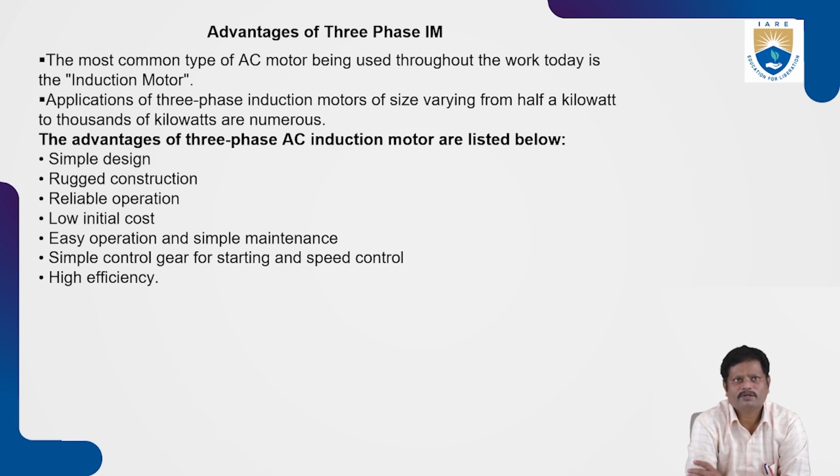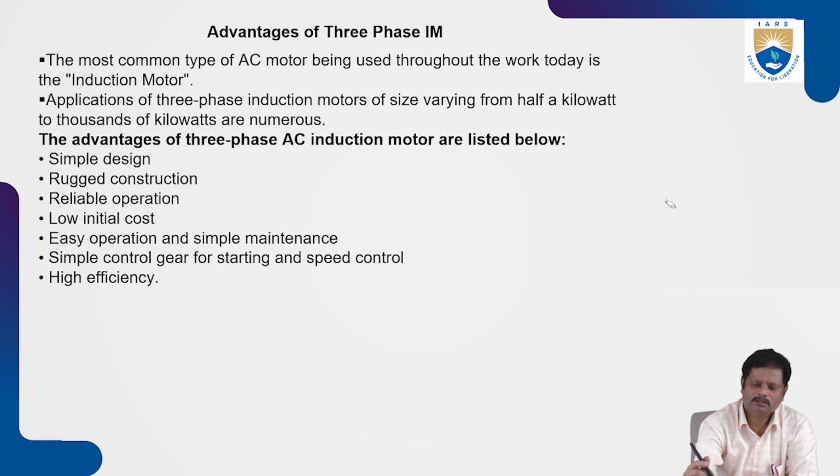Applications of three-phase induction motors vary in size from half kilowatt to thousands of kilowatts. They are also rated in HP: half HP, 1 HP, 1.5 HP, and different ratings are there for single-phase motors also. Ratings up to thousands of kilowatts, called megawatts, are also there.